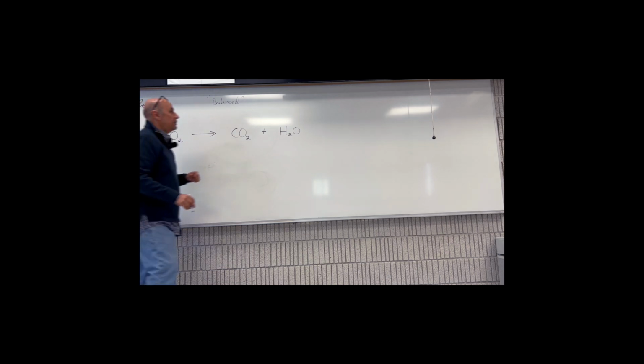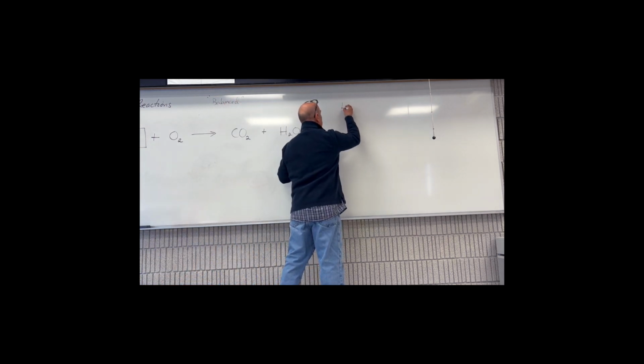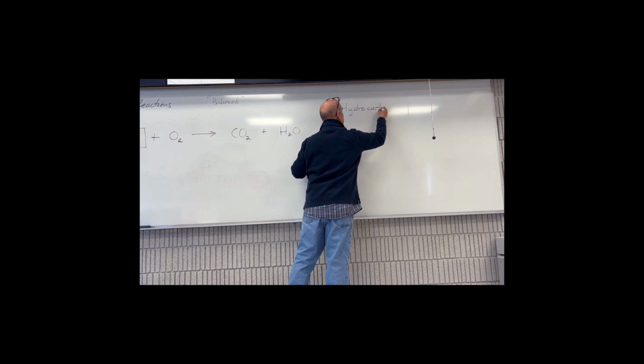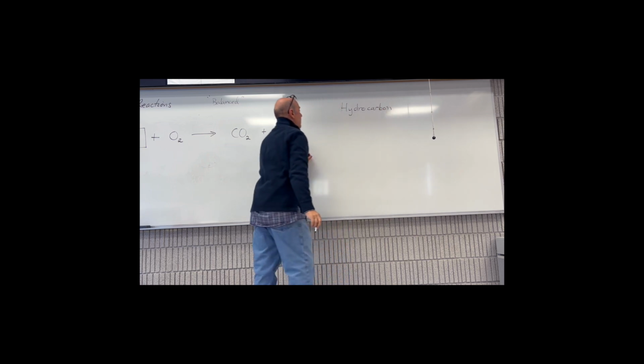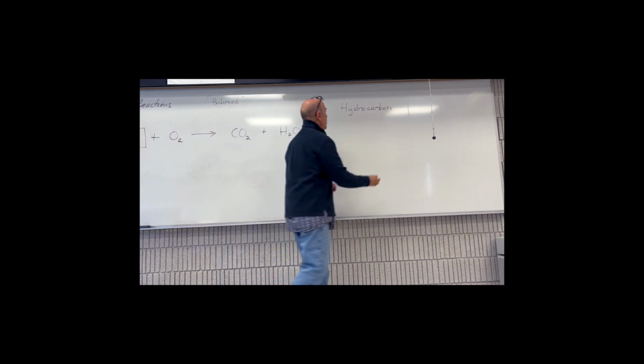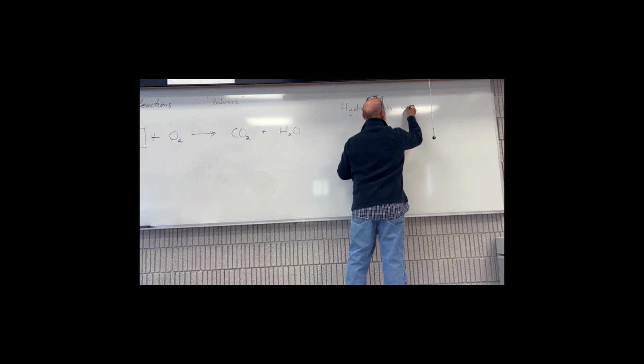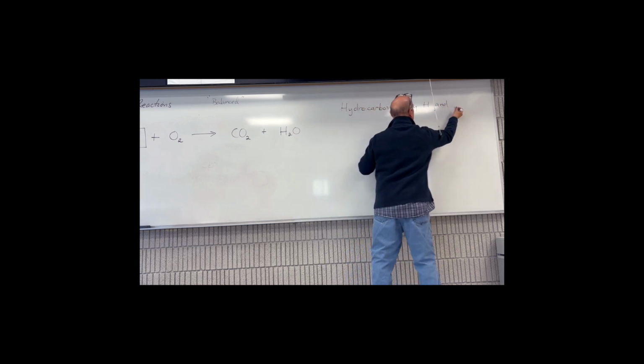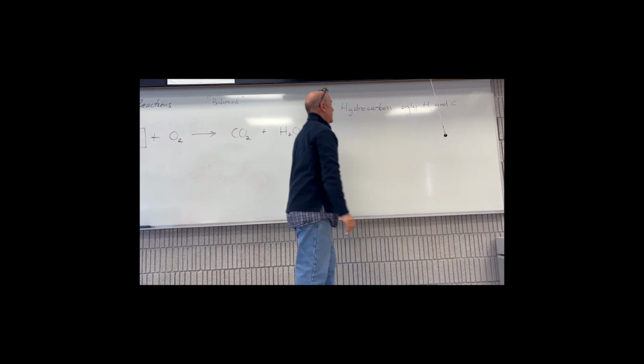But I do know the chemical formula of a very simple compound called a hydrocarbon. So this is a generic name for compounds that have only hydrogen and carbon as their ingredients.